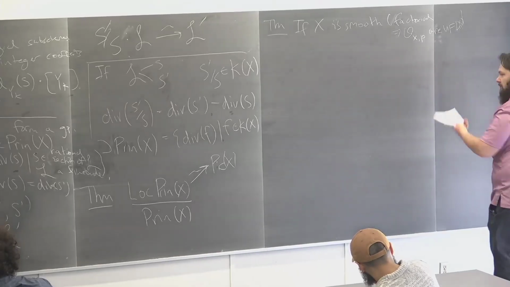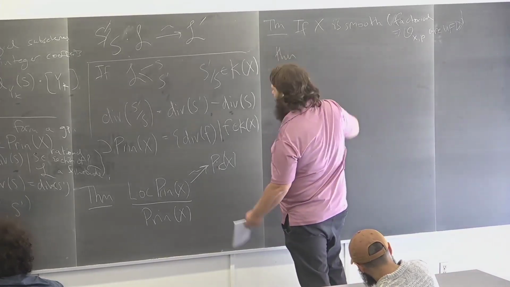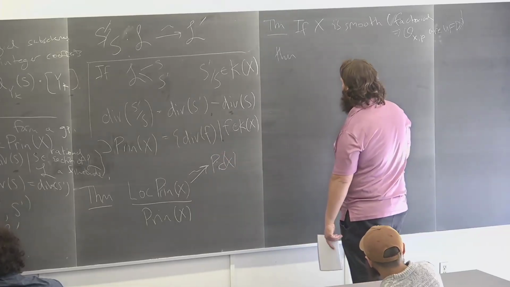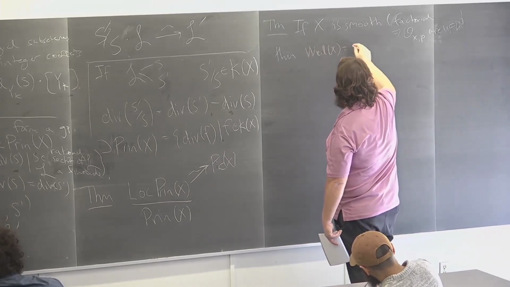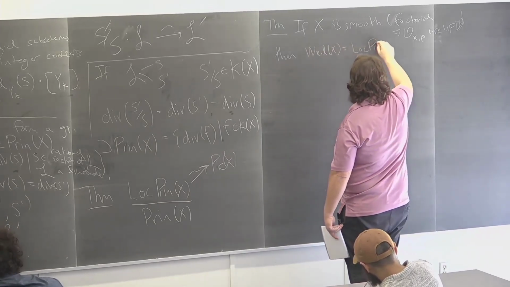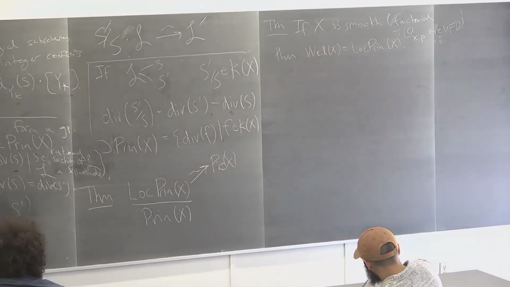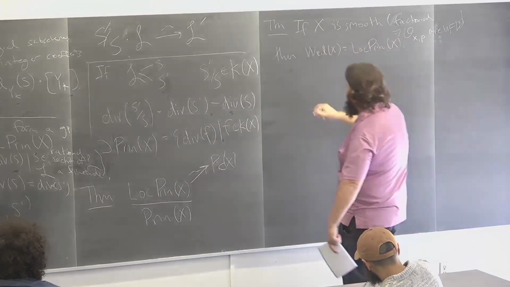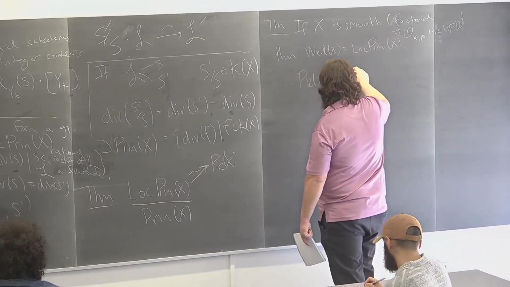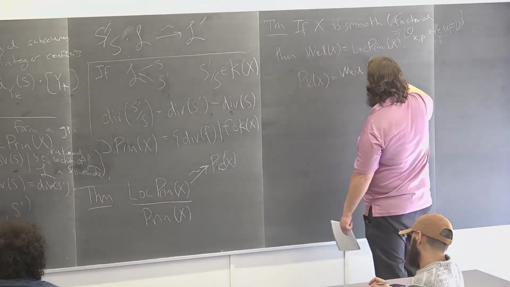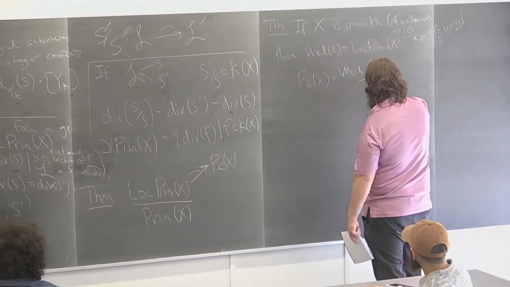So if I'm factorial, then every Weil divisor is locally principal. And in that case, Pic of X is exactly all Weil divisors divided by the principal Weil divisors.